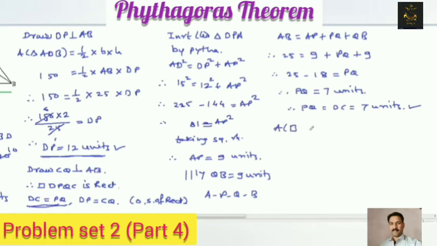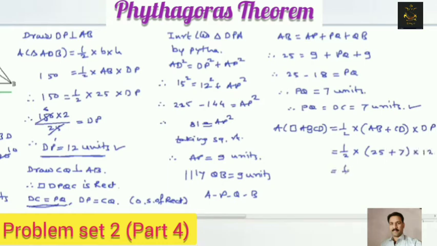Area of quadrilateral ABCD is half into the sum of parallel sides, AB plus CD, and the height is DP. Putting the values: AB is 25, CD is 7, DP is 12.